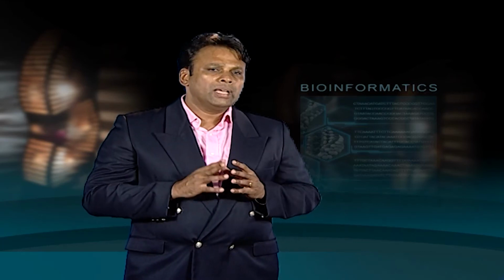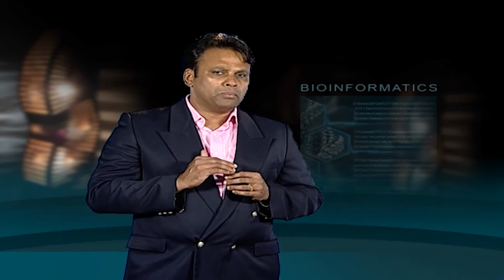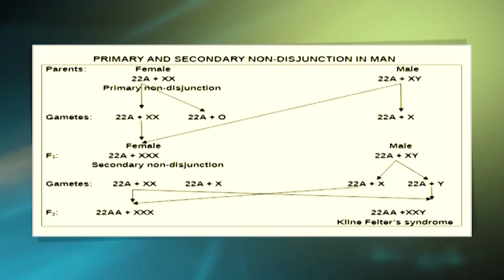Klinefelter syndrome is a set of symptoms that result from 2 or more X chromosomes in males. The extra chromosome is retained because of a non-disjunction event during gametogenesis. In this case, the X and Y or 2 X sex chromosomes fail to separate, producing a sperm with an X and a Y chromosome or an egg with 2 X chromosomes.